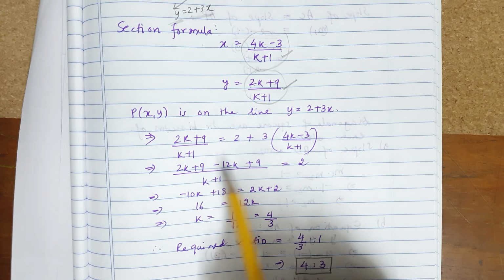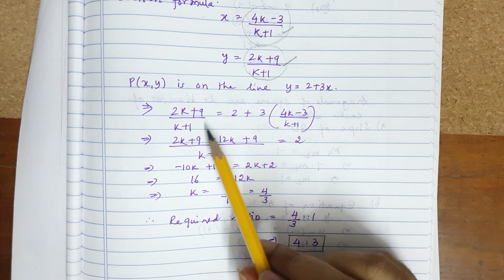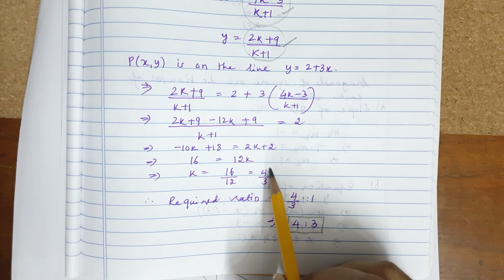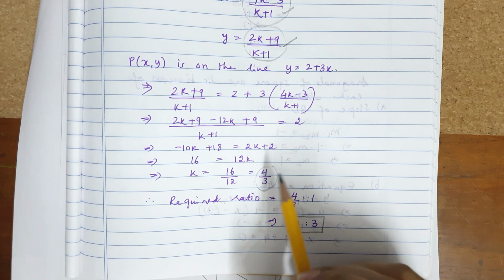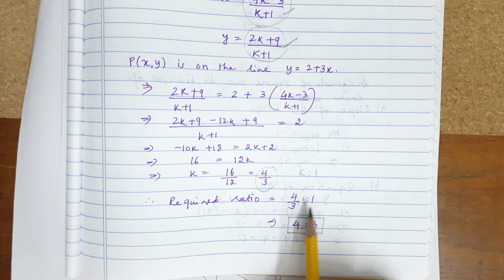So if I plug in the values, I will get an equation with my variable k. Then I will solve it step by step. I will get k is equal to 4 by 3. So the ratio, I had assumed k is to 1. So the ratio will be 4 by 3 is to 1. If I multiply 3 on both the parts, I have 4 is to 3. So 4 is to 3 is the required ratio in which the line segment AB is divided.